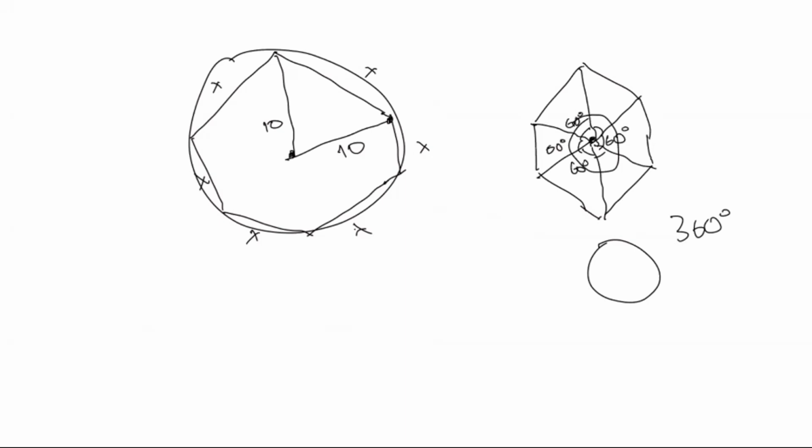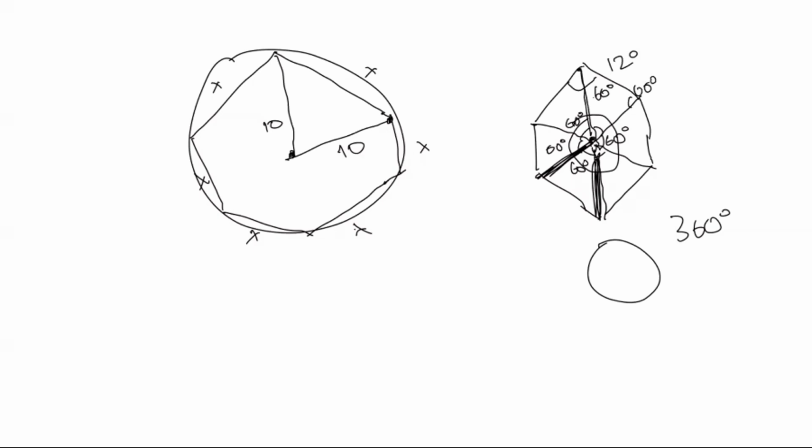And what we notice is that these are all equilateral triangles because one angle measure of a hexagon is 120 degrees, and we're splitting it in half directly. So this will also be 60 degrees, and this will also be 60 degrees.